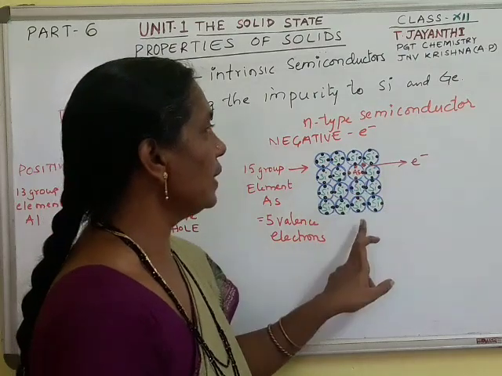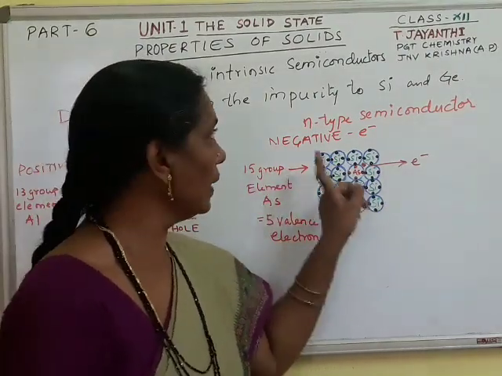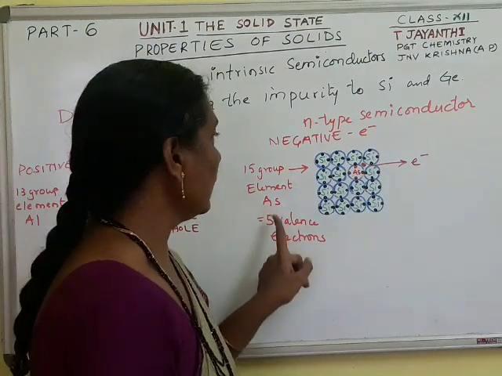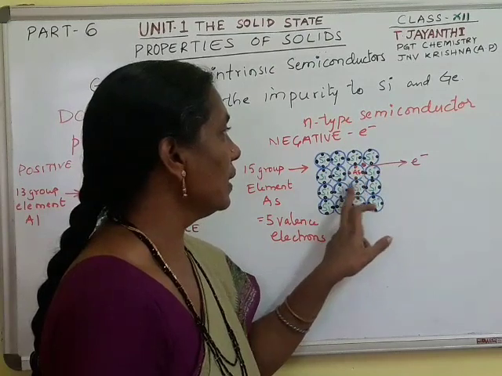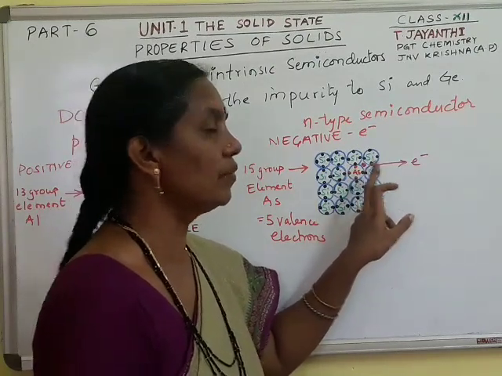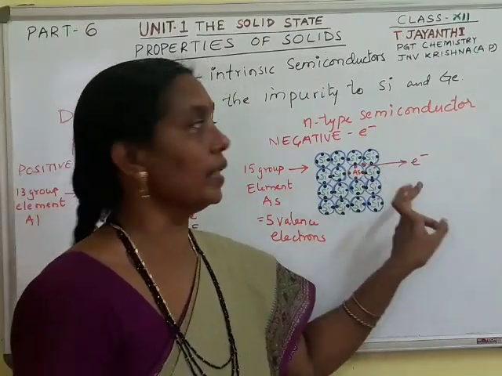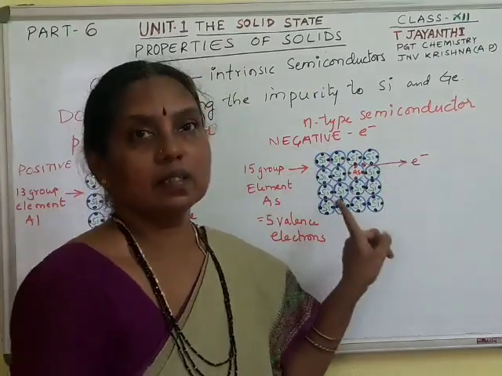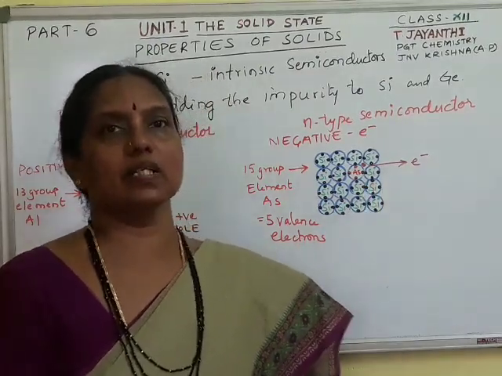The intrinsic semiconductor is doped with a 15th group element in n-type semiconductors, and the 15th group element, having 5 valence electrons, uses only 4 electrons for bonding, and the 5th electron is left free, which is the reason for the flow of current in this type of semiconductor. Semiconductors have various applications.